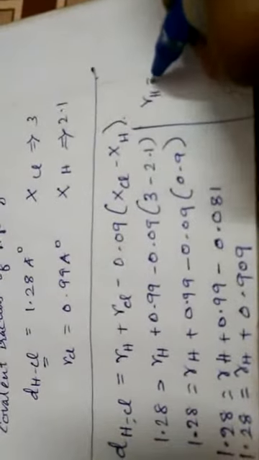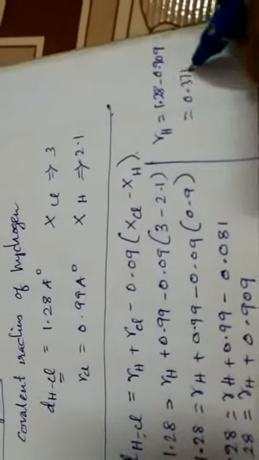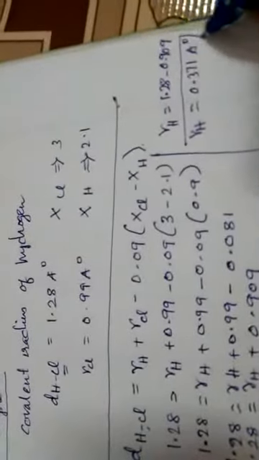So radius of hydrogen is equal to 1.28 minus 0.909 equal to 0.371 angstrom. That is the radius of hydrogen. That is the covalent radius of hydrogen in heteronuclear atoms calculated.